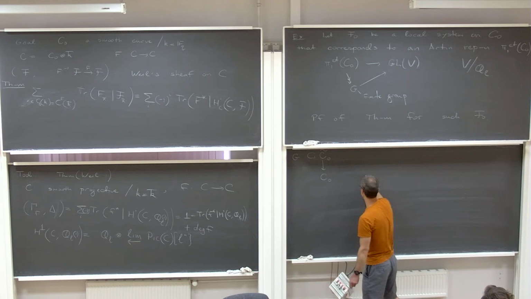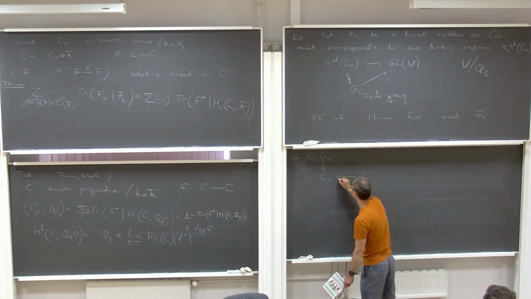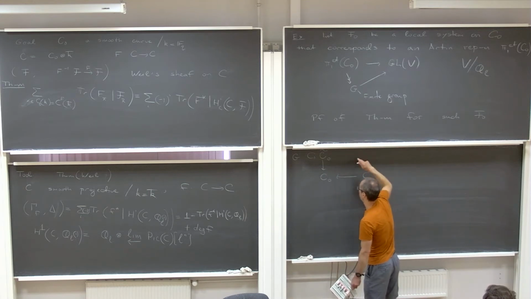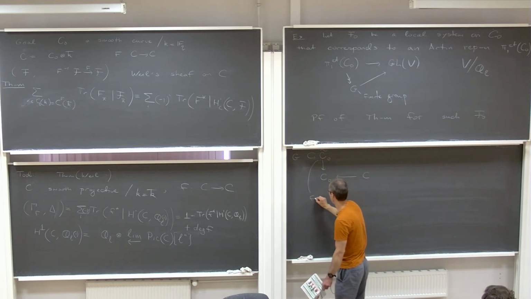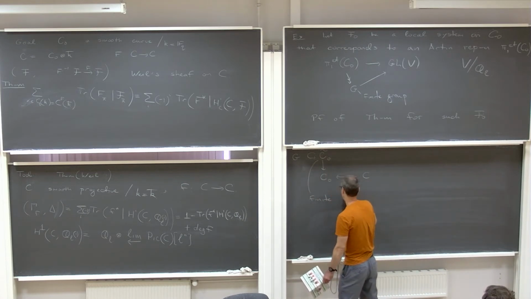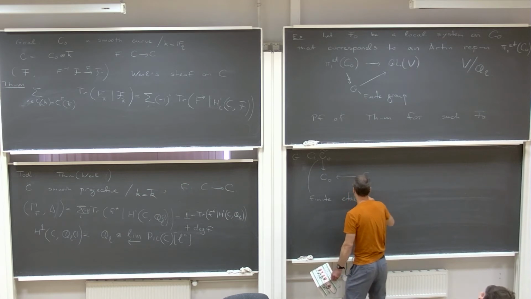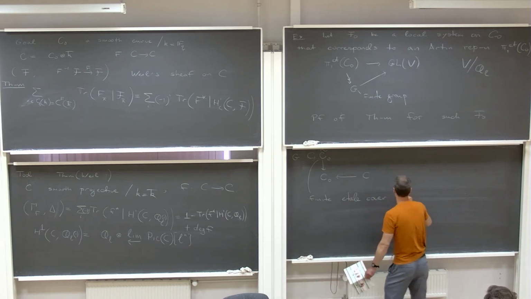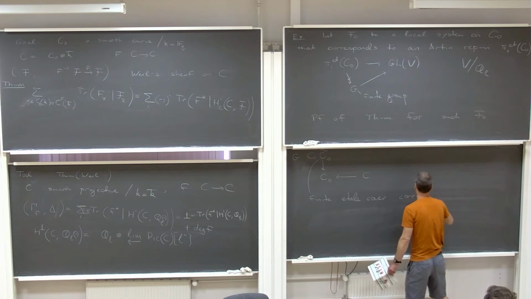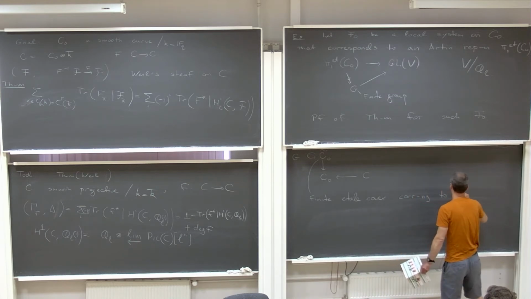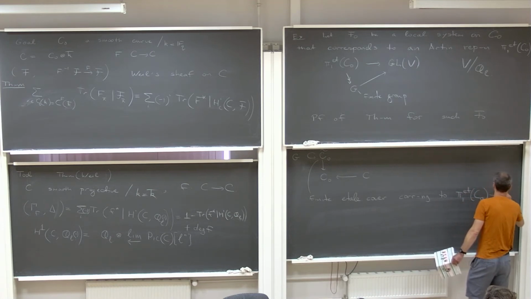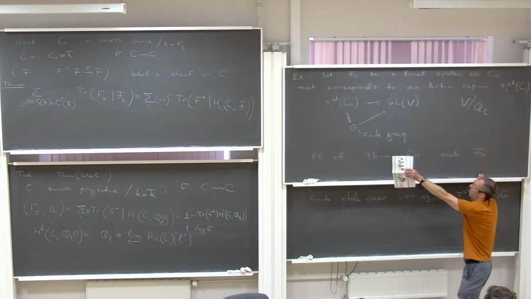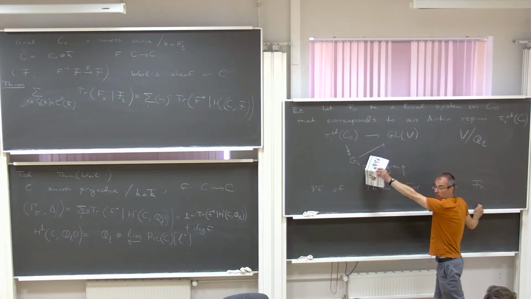Now we have C0, the base. We have this map, which is a finite étale cover corresponding to a homomorphism from pi_1 et of C0 to G. So we are given a representation, and we assume that it factors through a finite quotient.